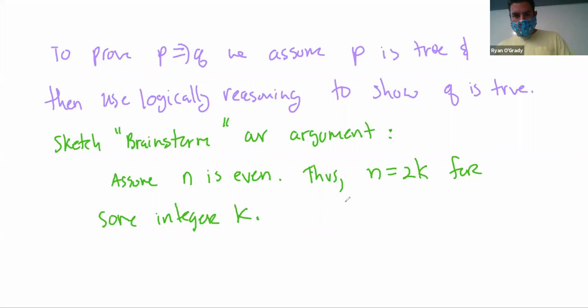So, thus, n squared equals 2 times k quantity squared, which of course is equal to 4 times k squared.